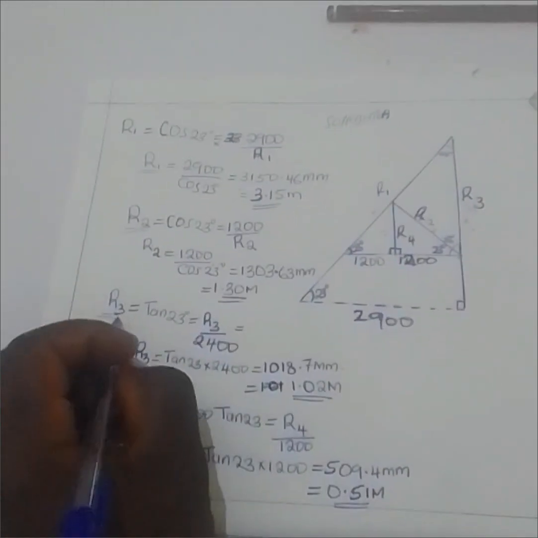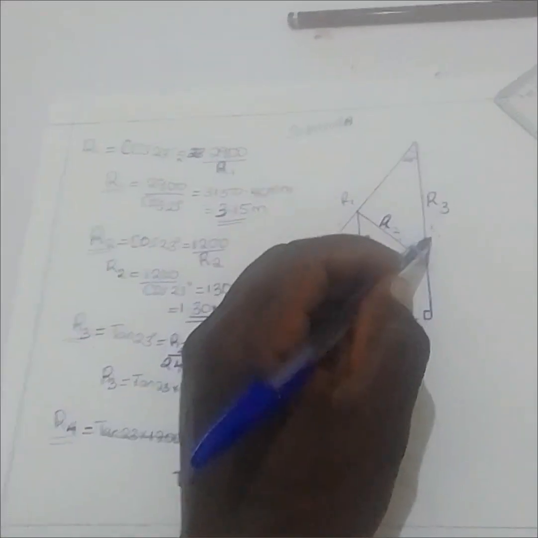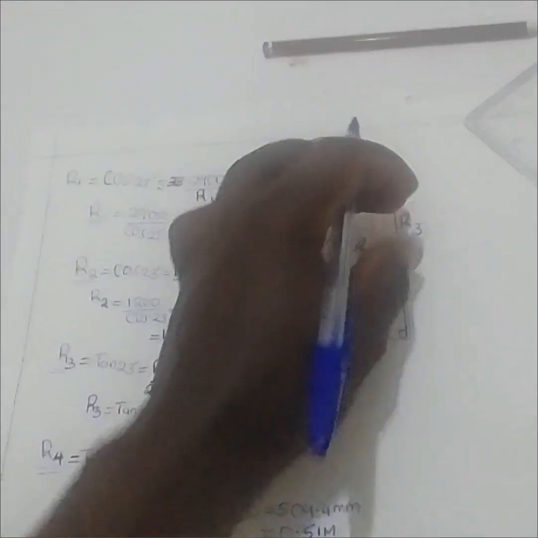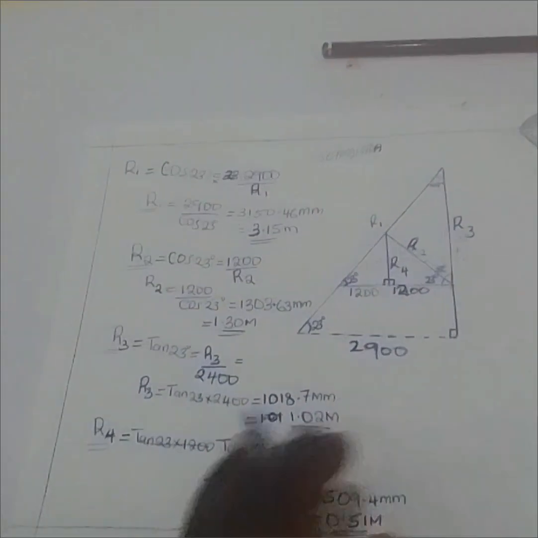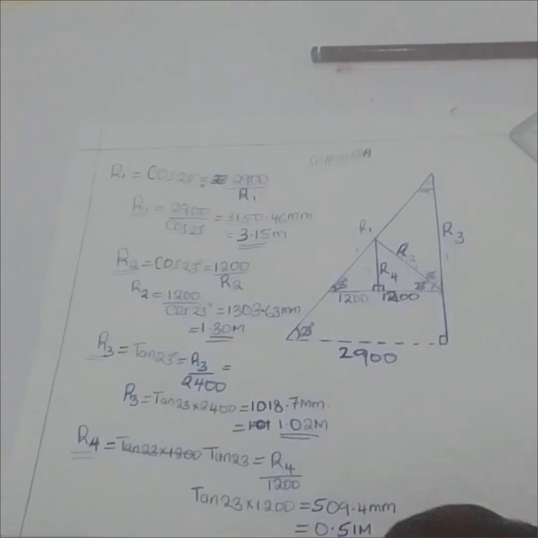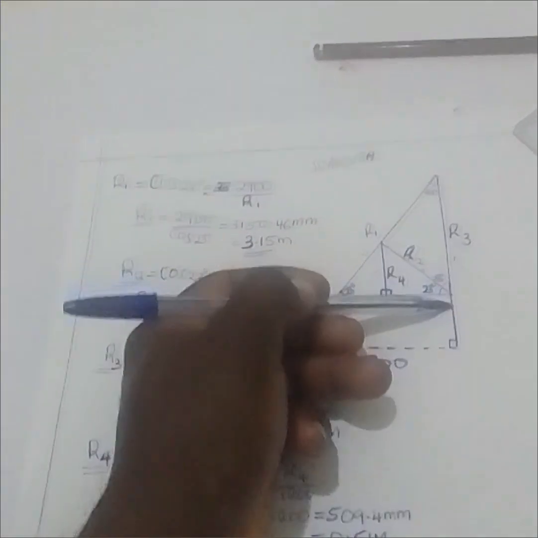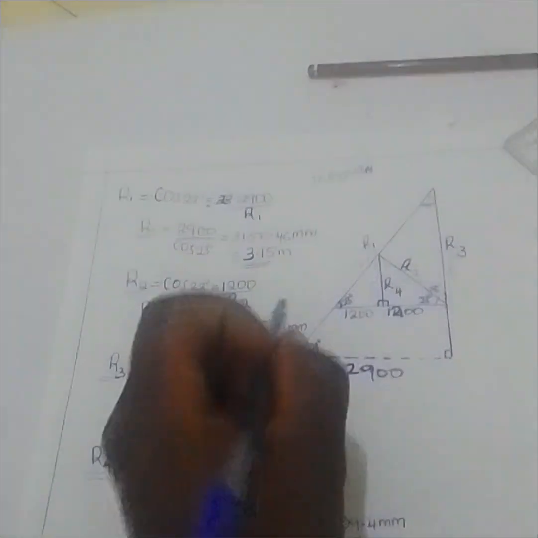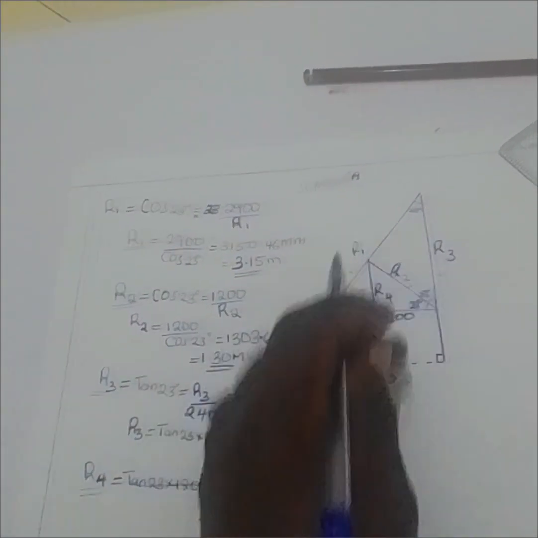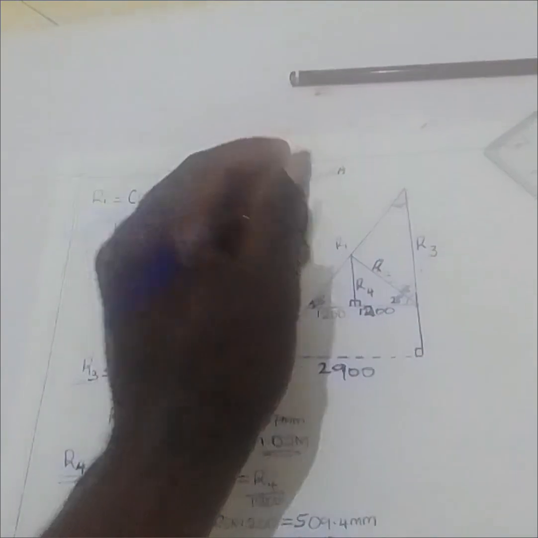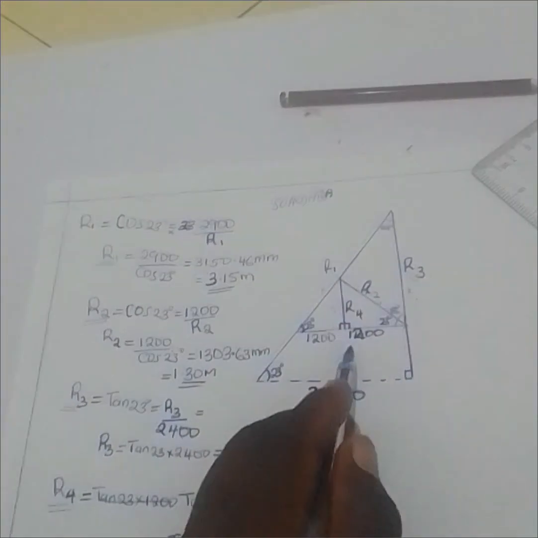We come to R3. Here we find the length of kingpost. How do we get the kingpost length? We see this is an opposite, and then we have the adjacent, because our angle is here. So we will use tan, because it is the taller side.